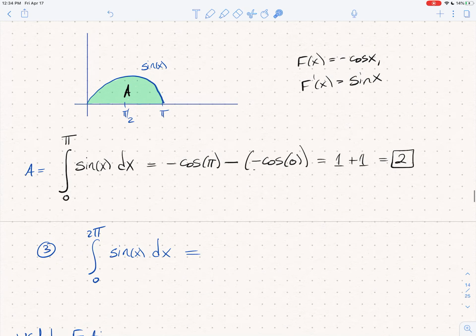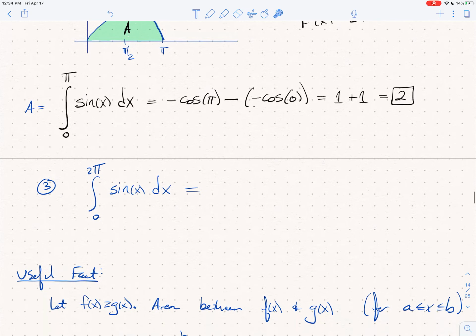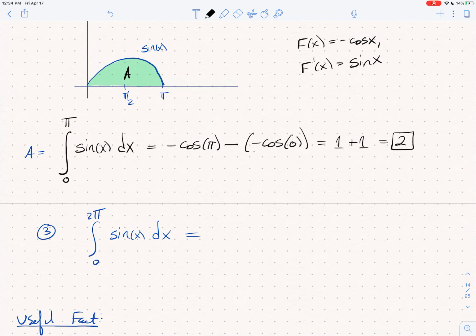All right. On a similar note, what happens if we just change the bound from pi to 2 pi? Please don't reinvent the wheel too much. You've already found the antiderivative, so you just use it again. We'll often write this like this. Let me show you a different notation. This is just minus cosine of x evaluated from 0 to 2 pi, and this evaluation bar means plug in 2 pi, subtract, plug in 0, and you're plugging those into this function.